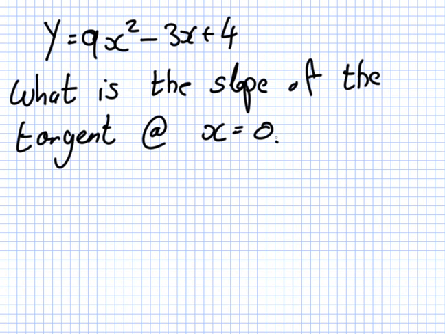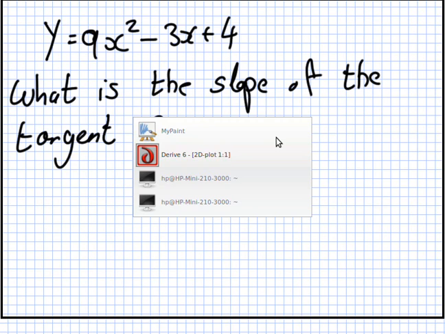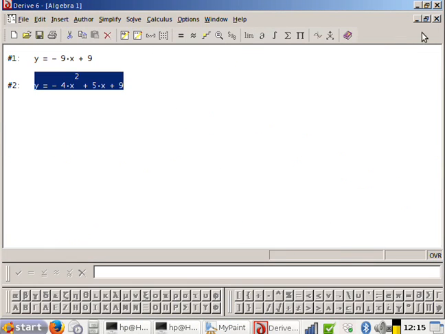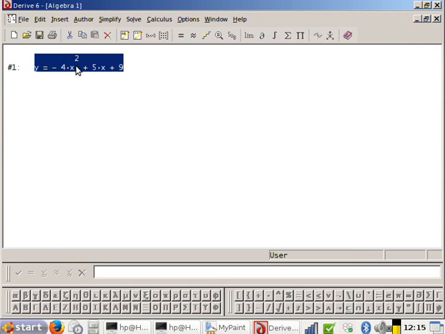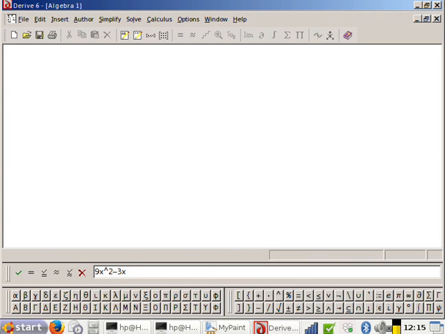Okay, so how do we do this? Let me show you. Before I do it, let me just draw it here. So I'll just draw this quadratic, 9x squared minus 3x plus 4.